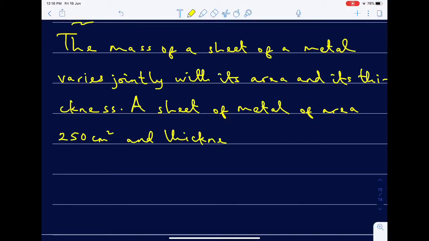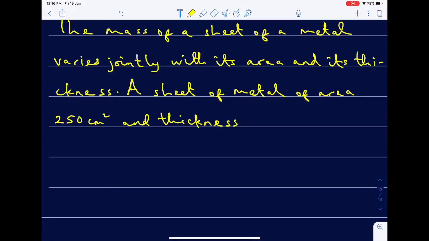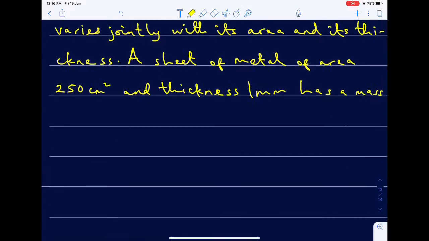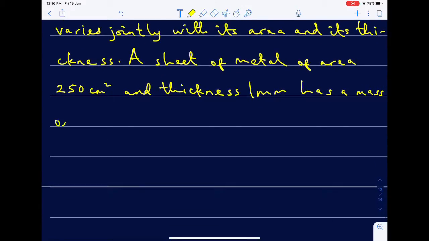A sheet of metal of area 250 centimeters squared and thickness 1 millimeter has a mass of 200 grams.